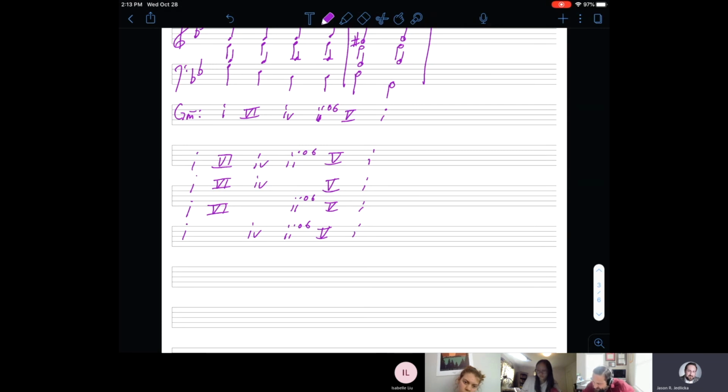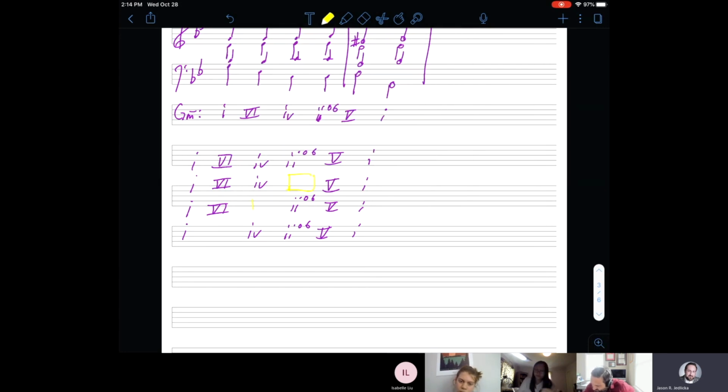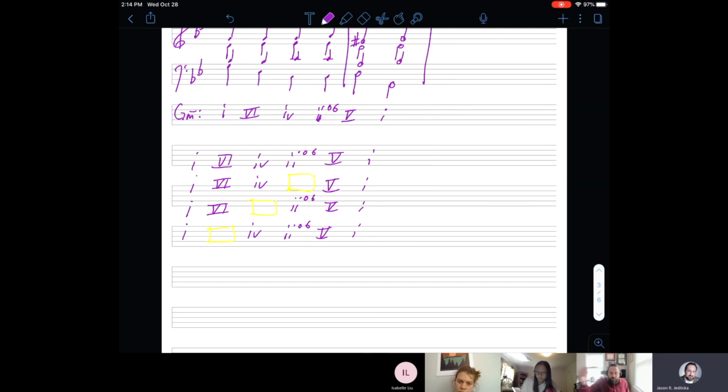So I've skipped each. Oh, that's not what I want. The ones in yellow are the ones that I skipped over. And remember, I'm going 6, 4, 2 constantly forward, never backwards.